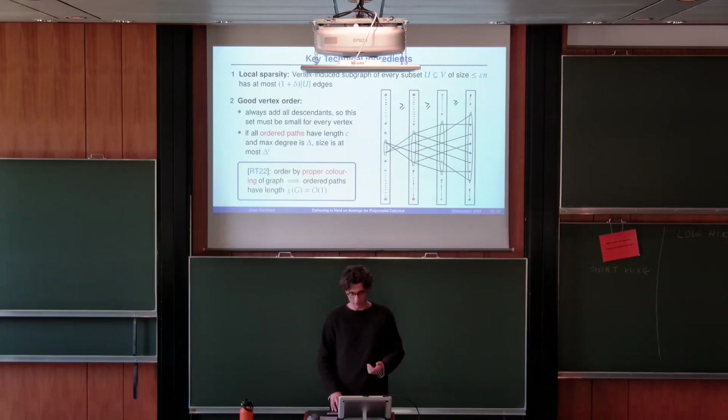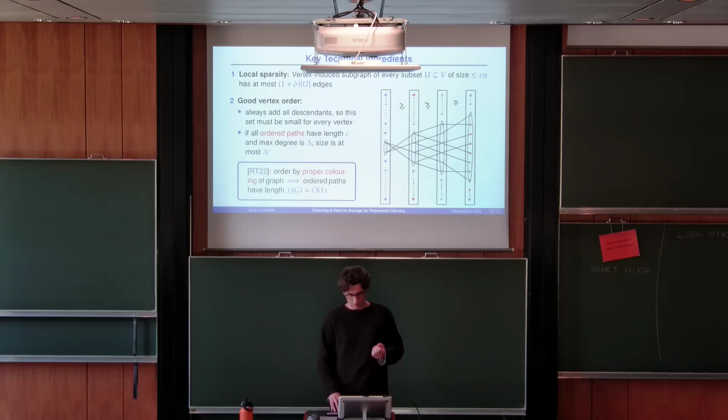Like if they all have length some c, and the max degree in the graph is not large, it's some delta, the size of the set of descendants of a vertex is something like delta to the c. And random graphs will have some vertices with large degree, but there are so few of them that you can sort of ignore them, or you can add them to S of M and not pay that much.